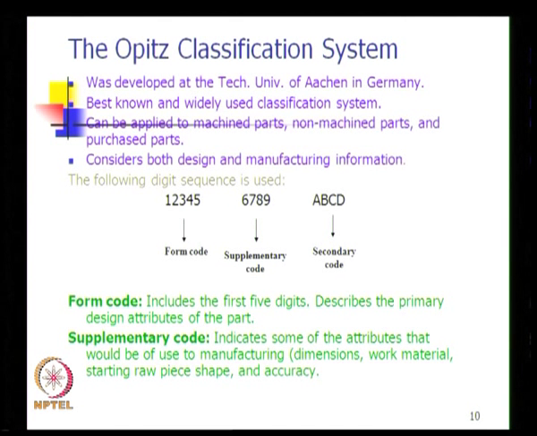It has 9 components where there are numbers, and there are 4 components where there is alphabet, and depending on the form code and the design requirements and manufacturing requirements, the classification and coding system can be used to create a unique code for every part. Now, once the unique code for every part is created, there are as many codes as the number of parts, and simply sorting the codes would give us a part classification.